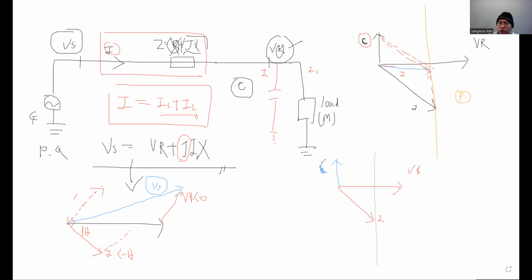But this is when C is just the receiver part. When C is like being a generator part, giving reactive power to the load, it's going to be a generator part. So that's why C actually gives like this way, you know what I mean? So IC plus IL is I, right? So let's see here.